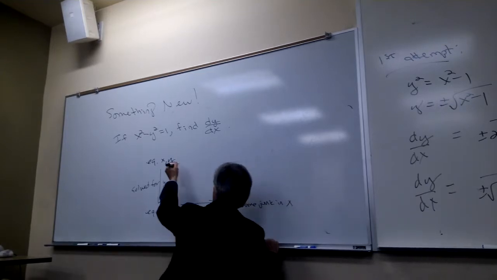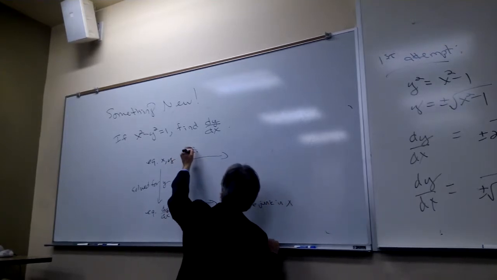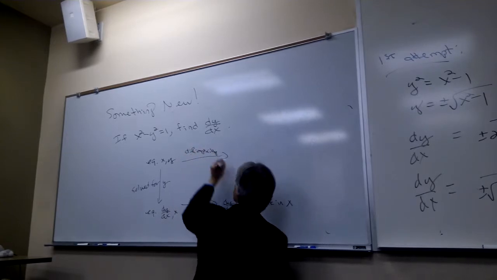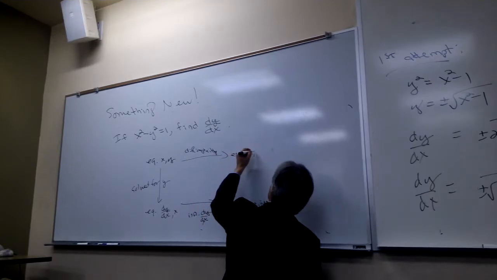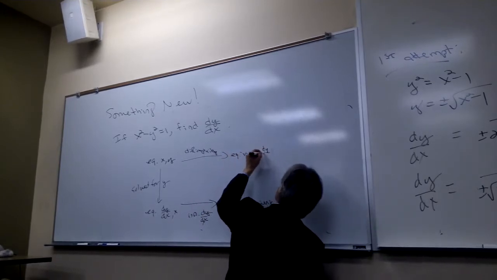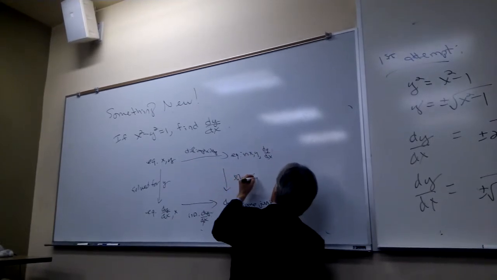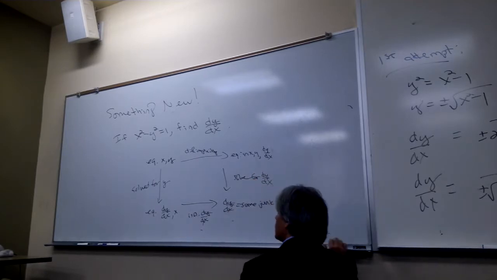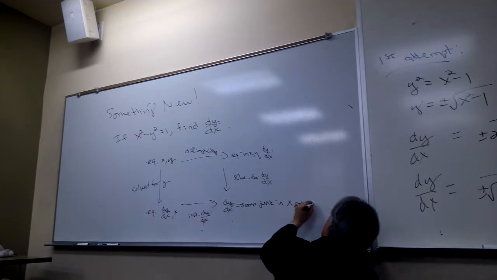But what I could have done instead is differentiate initially what I will refer to as implicitly, and generate an equation in x, y, and dy/dx, and then merely solve for dy/dx. And I will generate dy/dx equals some junk in x and possibly y as well.